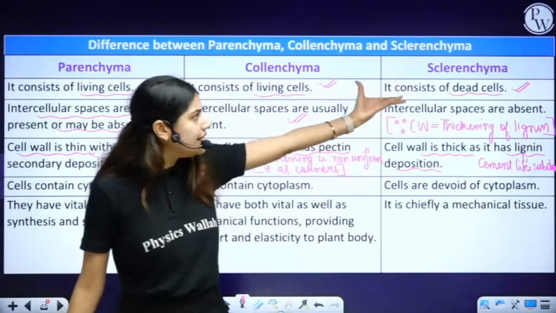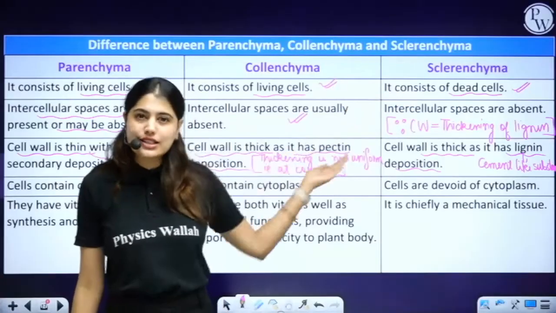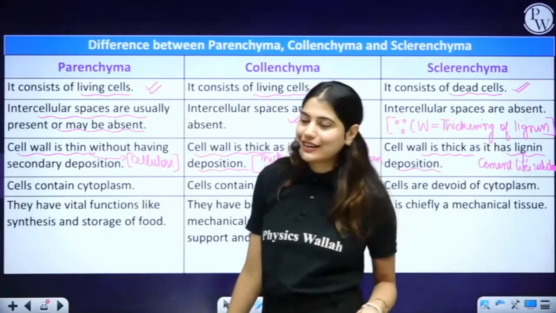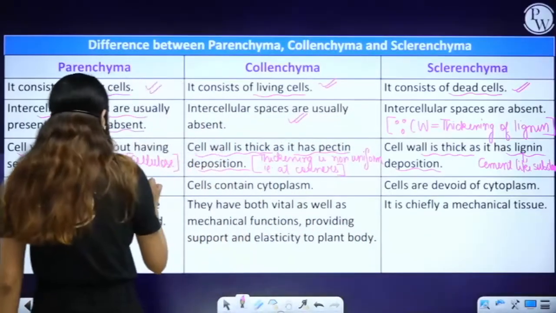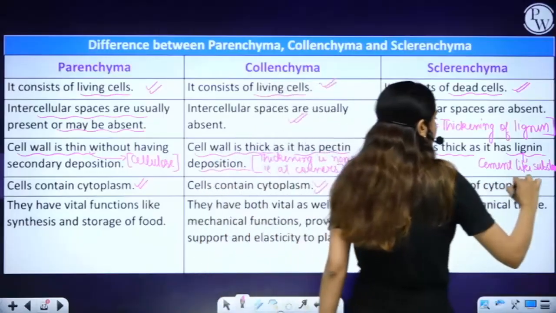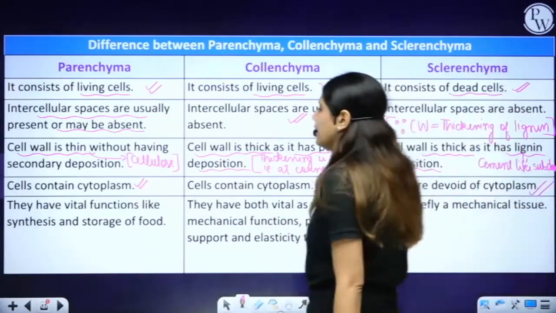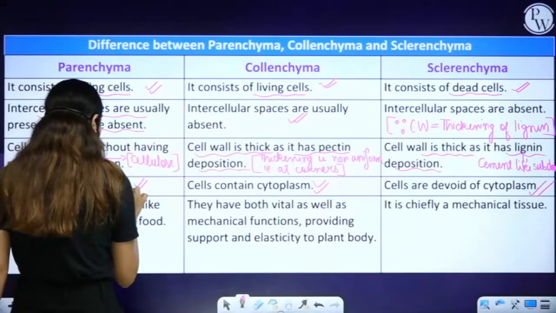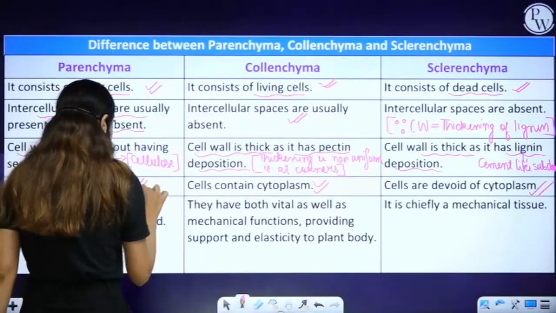No, they are dead cells. And why are they dead? Because the protoplasm is not there. So lastly, parenchyma and collenchyma have cytoplasm and a central vacuole.